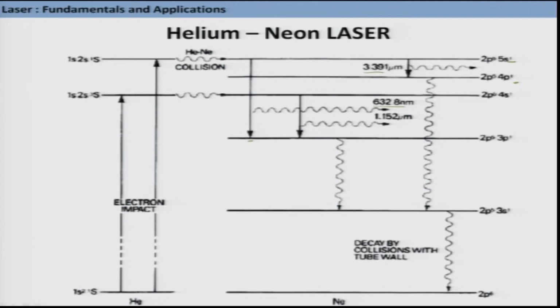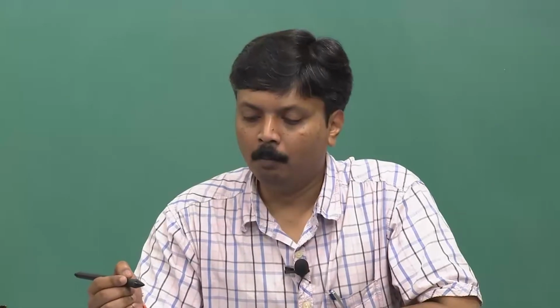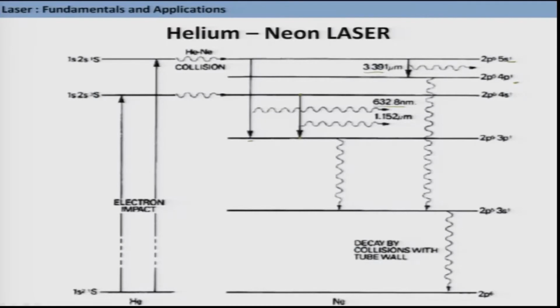It can also lase from this state down to this state and give 1.152 micron wavelength light. The most common wavelength for the HeNe laser is 632.8 nanometer light, but the other wavelengths are also obtainable.